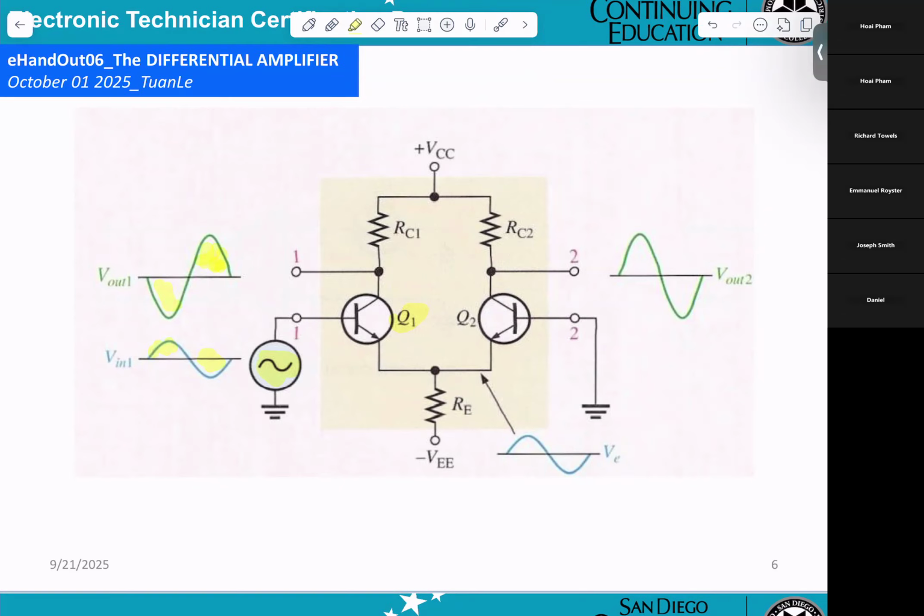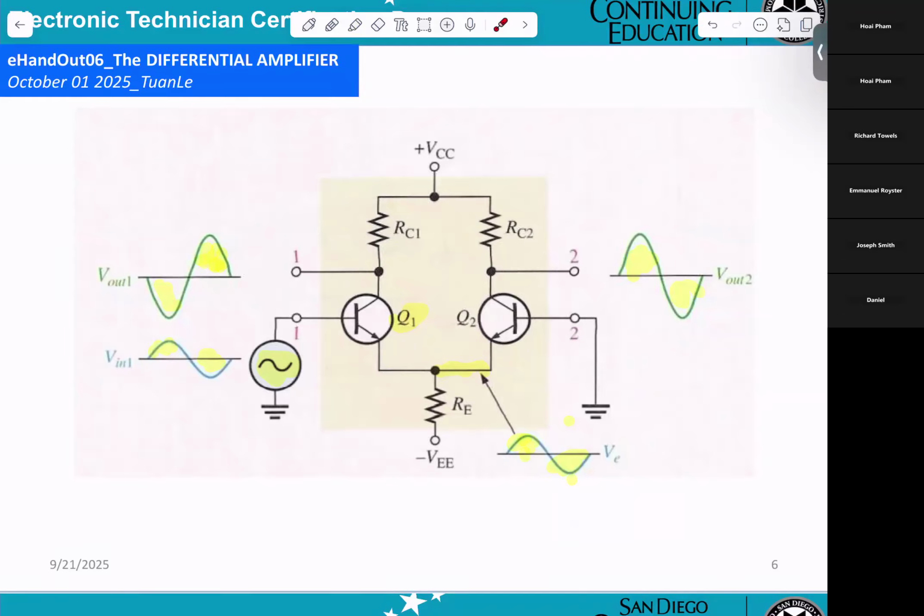They will be a CE amplifier. And this sine wave goes into here, the input, and Q2 will be a CB. Okay? CB, so the input and output will be in phase. You can see the output here. They will be in phase.